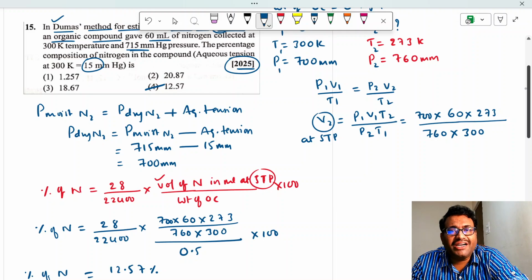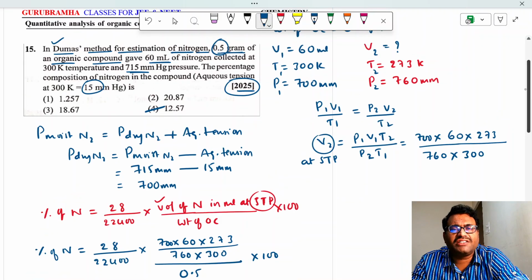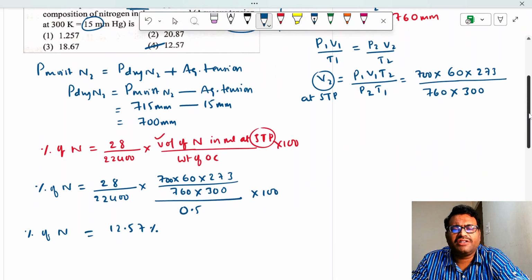So you have to understand the importance of this model question. It is asked very repeatedly, so we have to practice it. Understood? Let us see the next question.